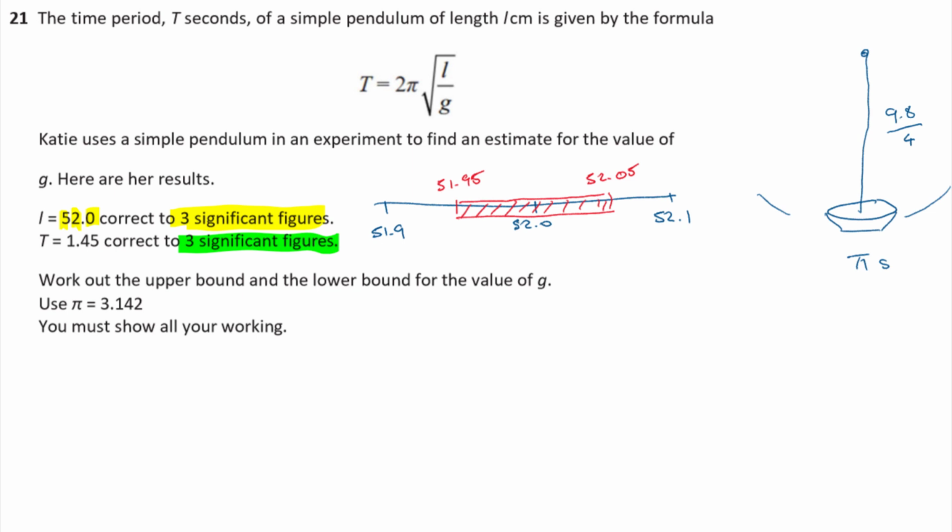Then for t, it's 1.45 correct to 3 significant figures. So again, first, second, third significant figure. This time we're rounding off to the nearest hundredths, aren't we? Okay, so again the same sort of thing. I'm going to draw a number line. I'm going to mark on the value that it gave us, which is 1.45.